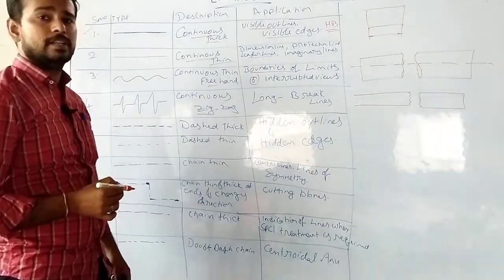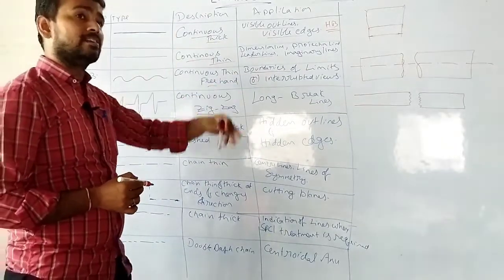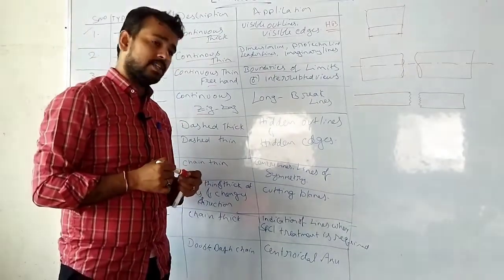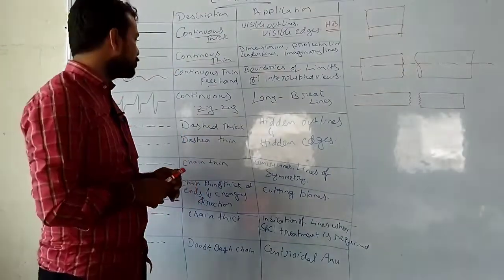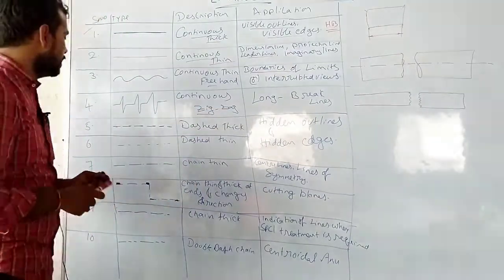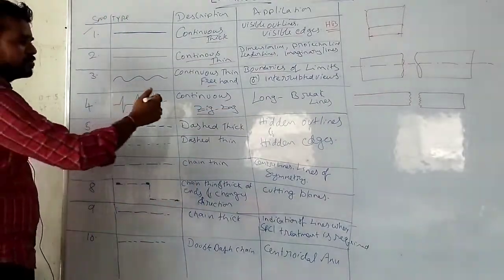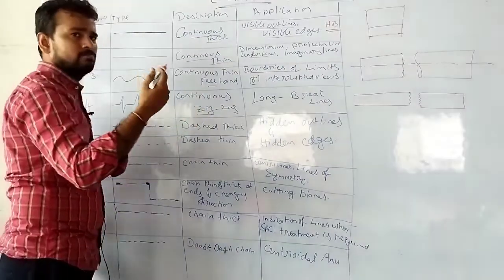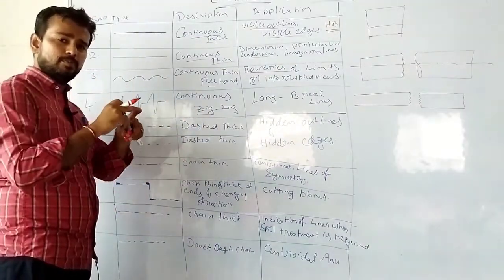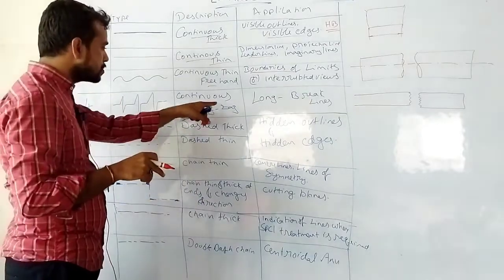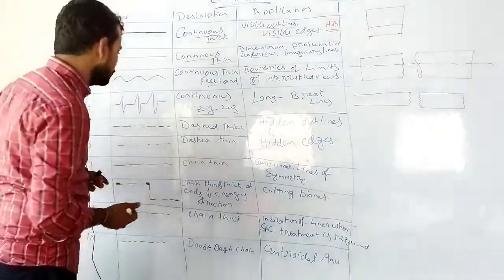Not only here, but also in the purpose of drawing rivets. Mechanical engineers might have known about this concept, drawing of rivets. In the concept of rivets, we use zigzag lines. So while drawing riveted designs, you can use continuous zigzag lines.